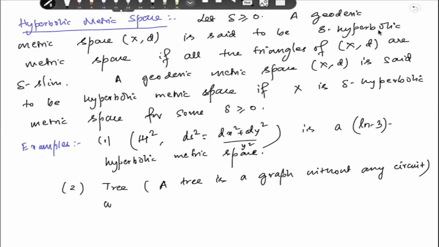We take the edges of the tree to be isometric to the unit interval.